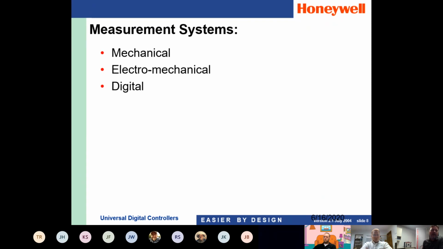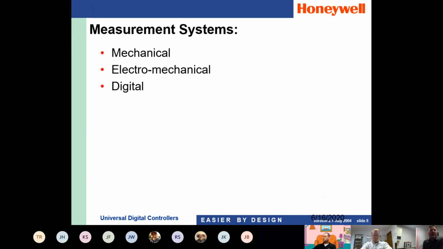It could be a helix tube, which is sensing pressure, and as the helix tube increases in pressure, it straightens out, which would move a needle and then affect the control system. These are typically older systems. You don't find too many of those anymore.